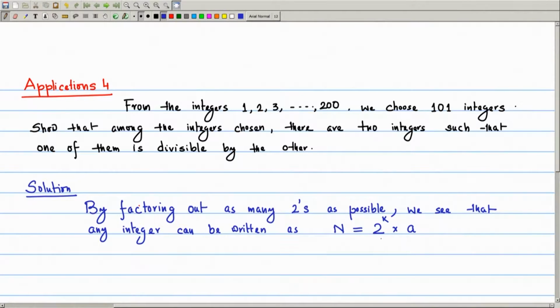That means k number of 2's we have taken from the factors of n, and a is an odd integer, where k is greater than or equal to 0.